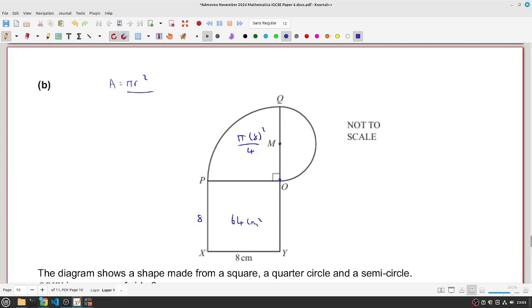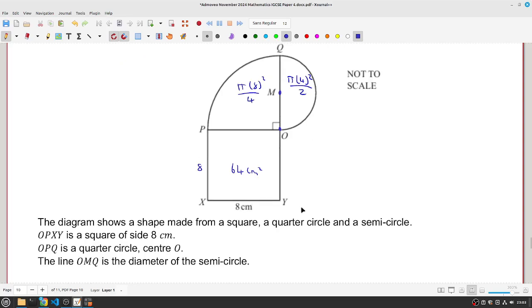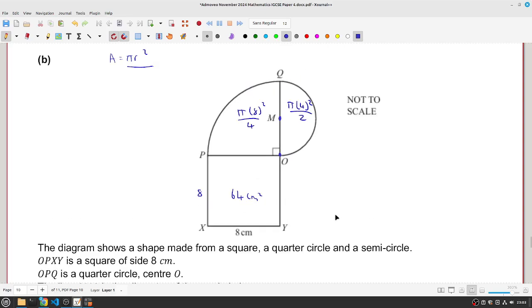So the radius of this circle, if that's the center, is half of 8, right? So that's 4. So pi times radius squared, but divided by 2 because it's half of this circle. Okay, now we just add those together. I'm just going to simplify them a little bit. So it's 64 plus 8 squared is 64. 64 divided by 4 is 16.